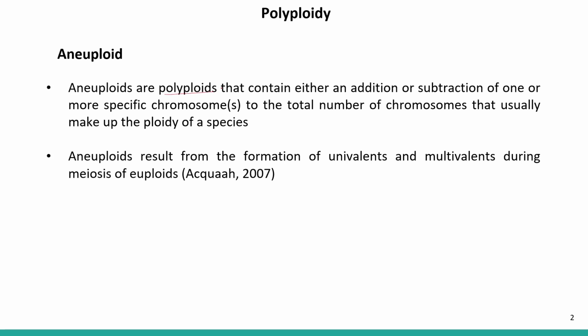Aneuploids are the polyploids that contain either an addition or subtraction of one or more specific chromosomes to the total number of chromosomes that usually make up the ploidy of a species. So here, from the original total number of chromosomes, either a specific chromosome will be less or an addition of a chromosome will be there.